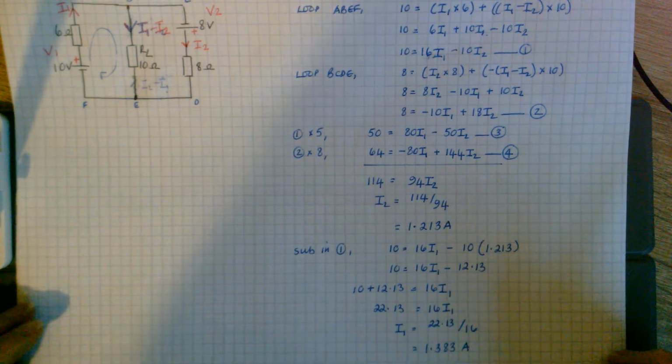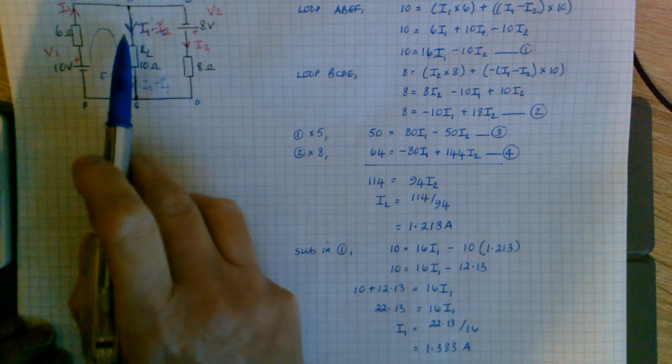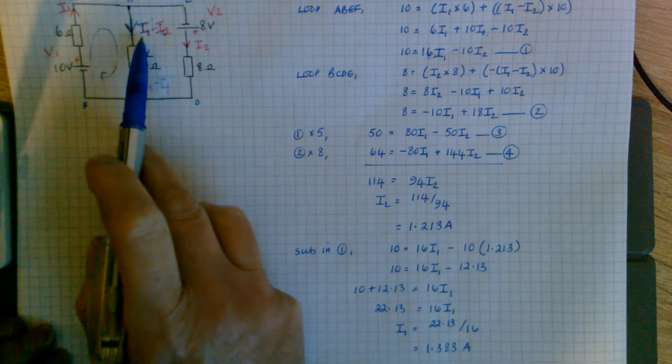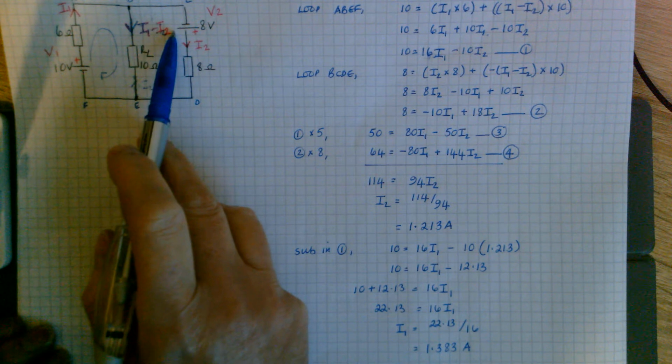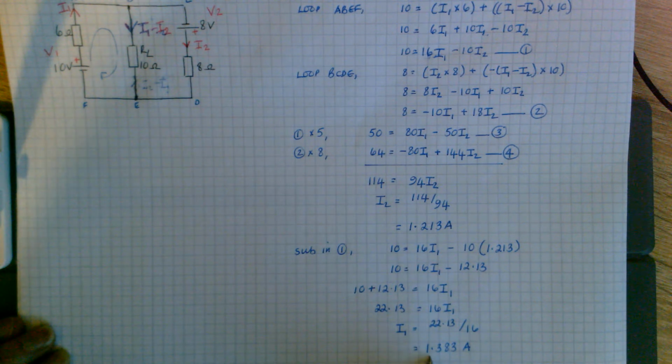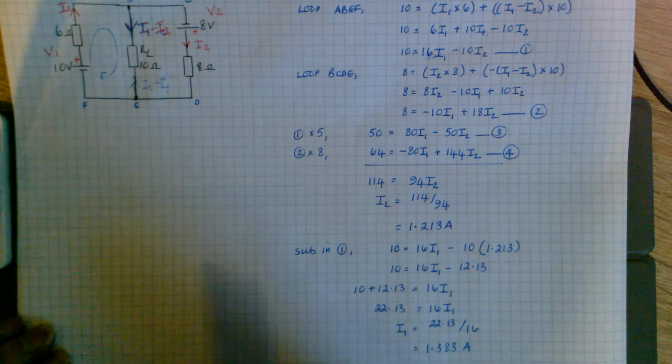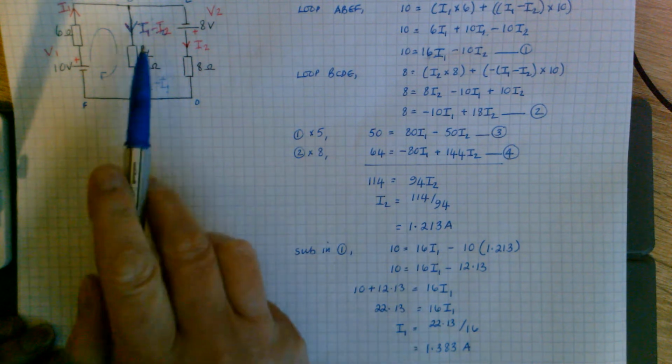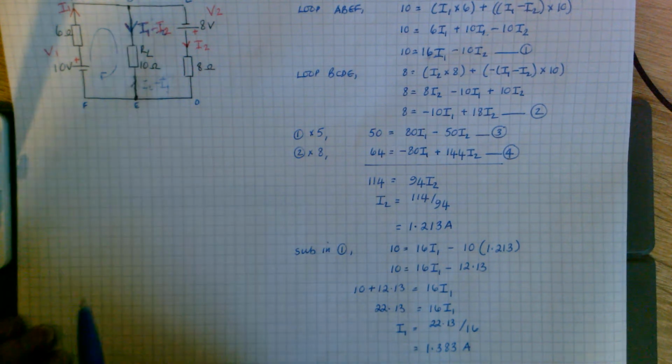Now the other thing I decided was that I1 take away I2 gave me that current there. So for this to be correct, I1 must be bigger than I2. I1 is bigger than I2. So because I1 is bigger than I2, the direction I guessed is correct.